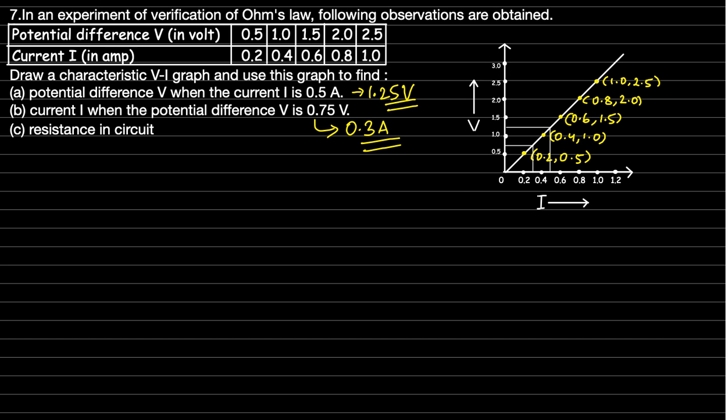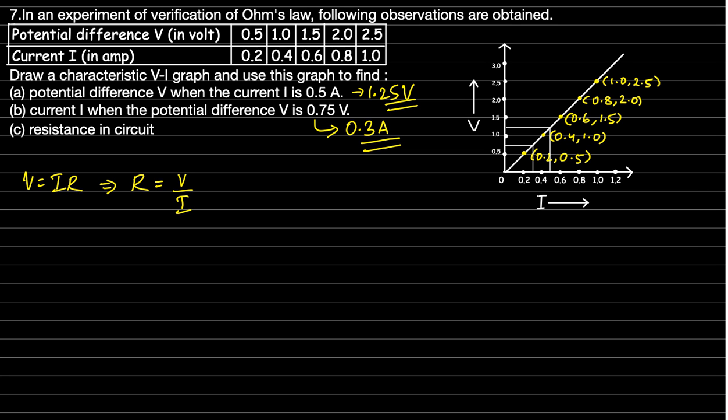Now we can find the resistance in the circuit. So we know the formula from Ohm's law, that is V is equal to I into R, or we can say R is equal to V by I. Now we can take any two values of V and I. So I would prefer taking 0.5 and 0.2, that is the first value which we have.